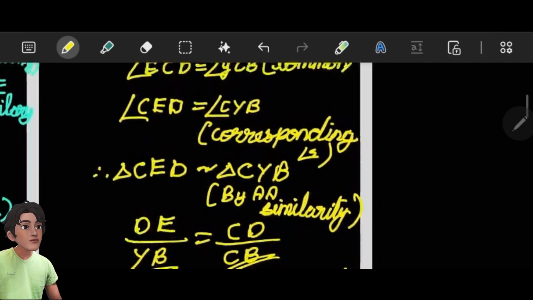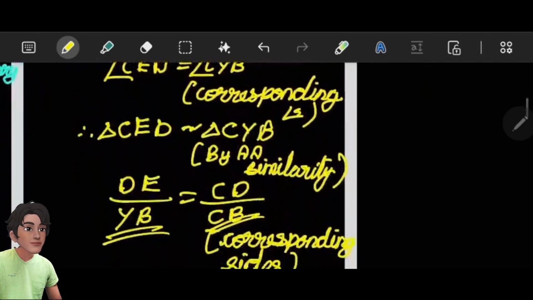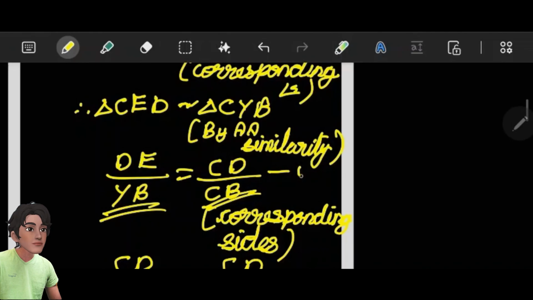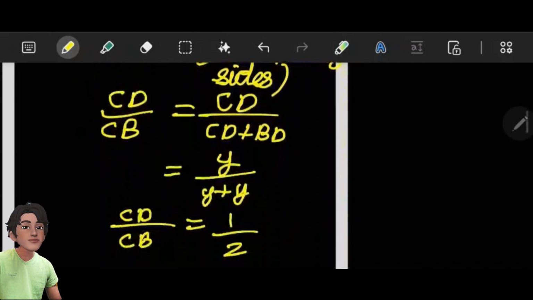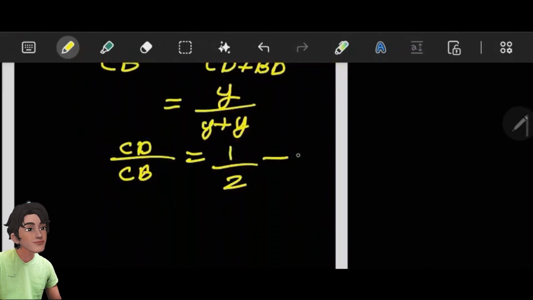From equation 4 and 5, we can see that the LHS are equal. Therefore, we are going to equate the RHS.